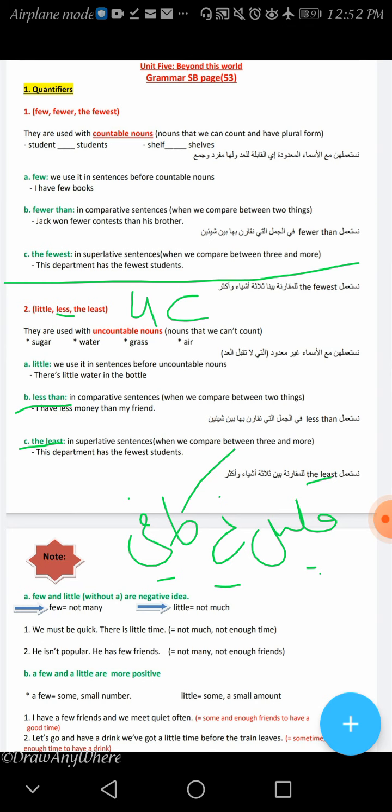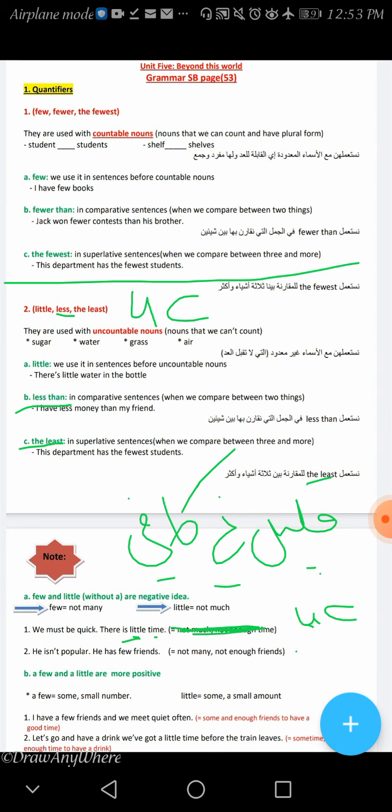Why? There is little time. Little here, it is for uncountable; time is uncountable. Now we haven't enough time, because it means not enough time. How did I know it means not enough time? I put this sentence to clarify for you: now we don't have much time, or we must be quick. From it I knew that there is little time, يوجد وقت لكن غير كافي. That's why we need to hurry, for example to catch the time.